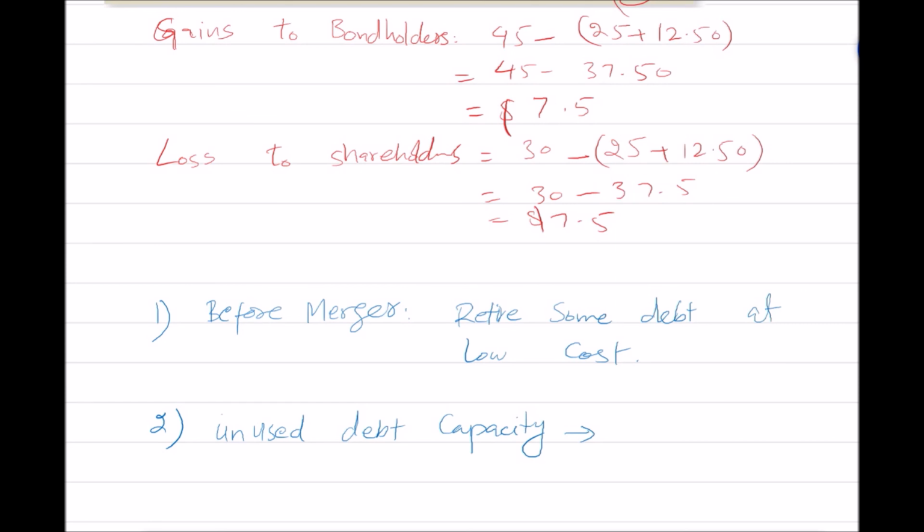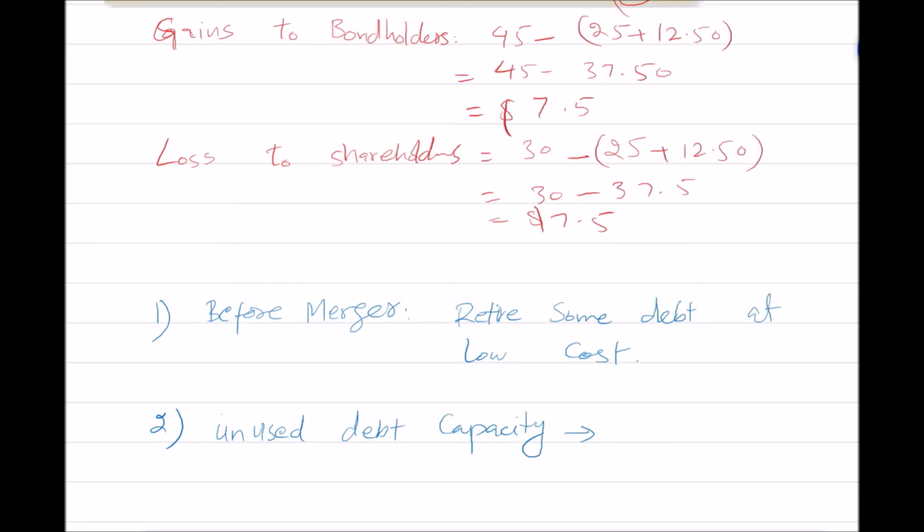In that way, they can increase the risk of the lenders and can gain some money on that increased risk, can earn some higher return.